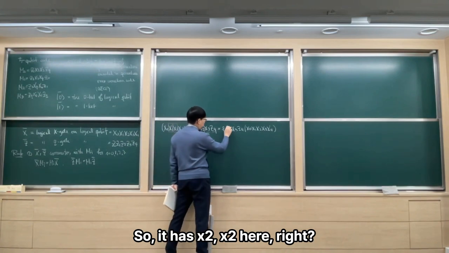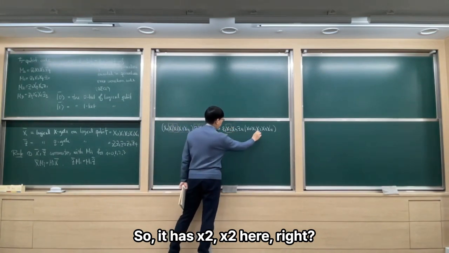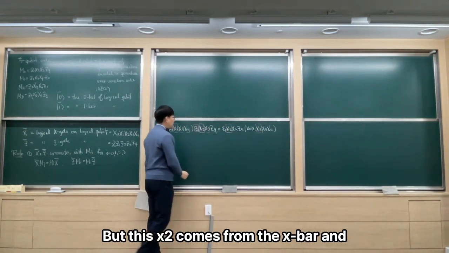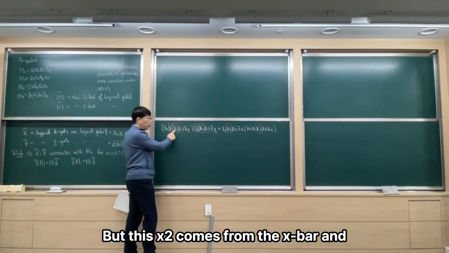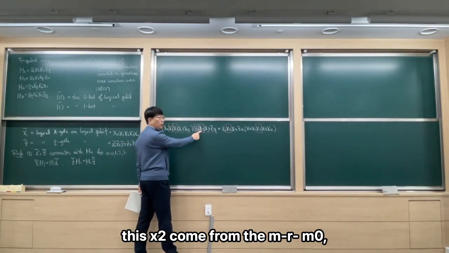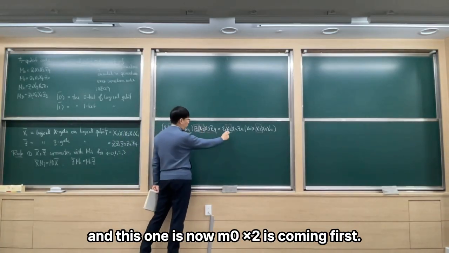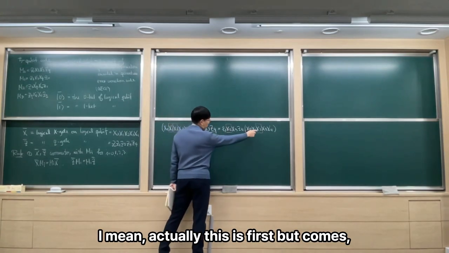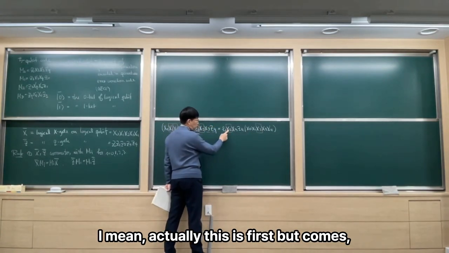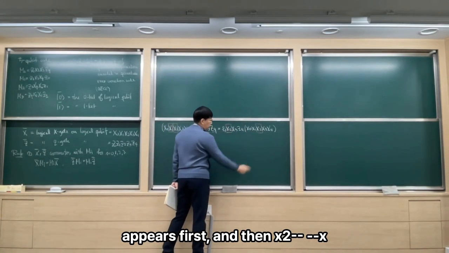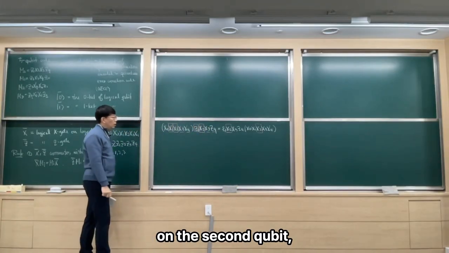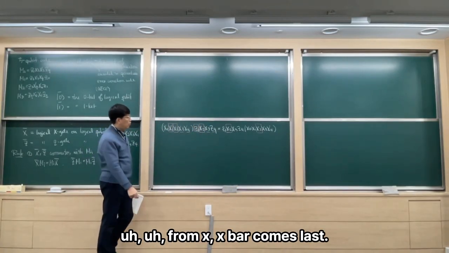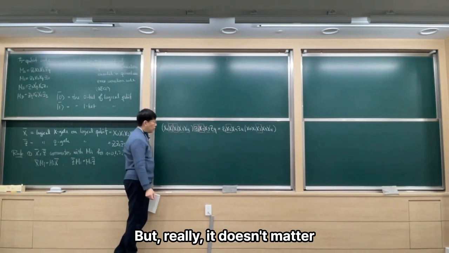This X2 comes from the X bar, and this X2 comes from the M0. M0's X2 appears first, and then X on the second qubit from X bar comes last. But really, it doesn't matter because they are the same.